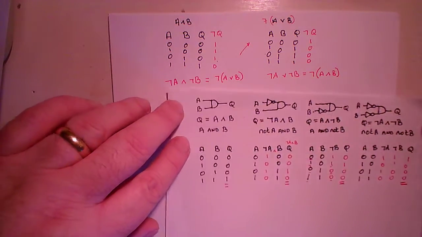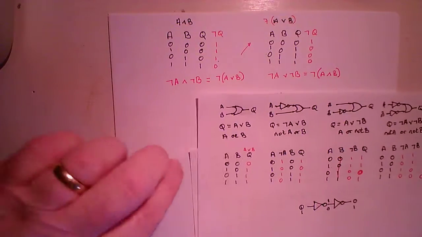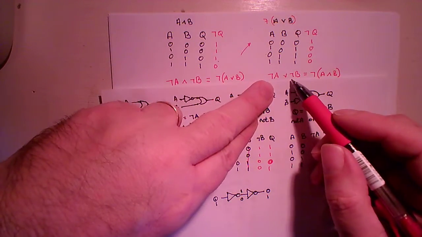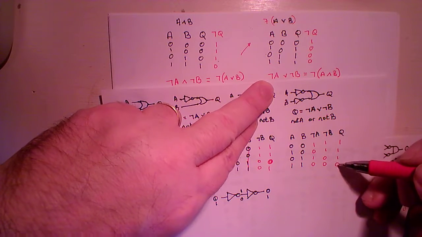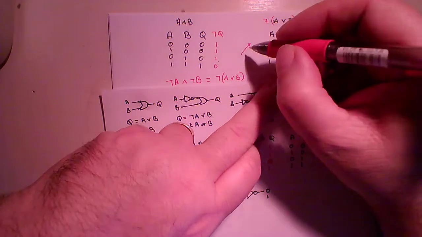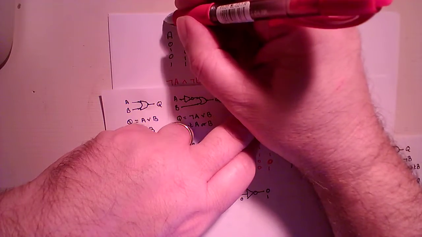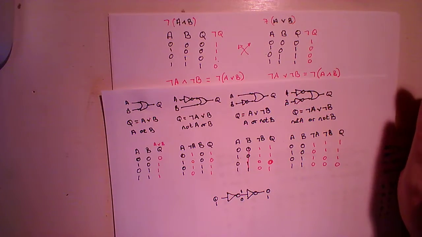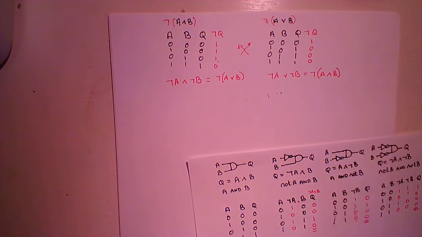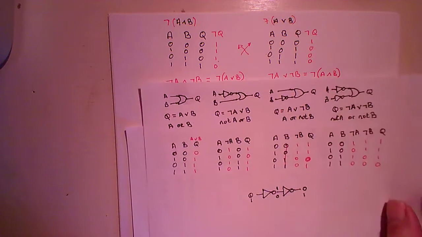I've got my not A or not B, that has got that pattern there, 1110, but that pattern there is the same as that pattern over there if I put the knot in front of it. So it's not A and B. Well, it's rather difficult to explain, but there we have it.